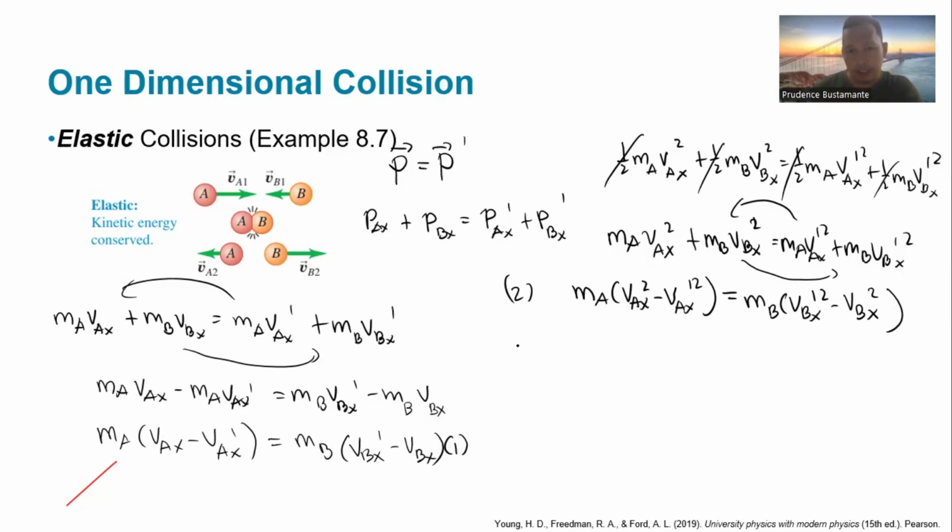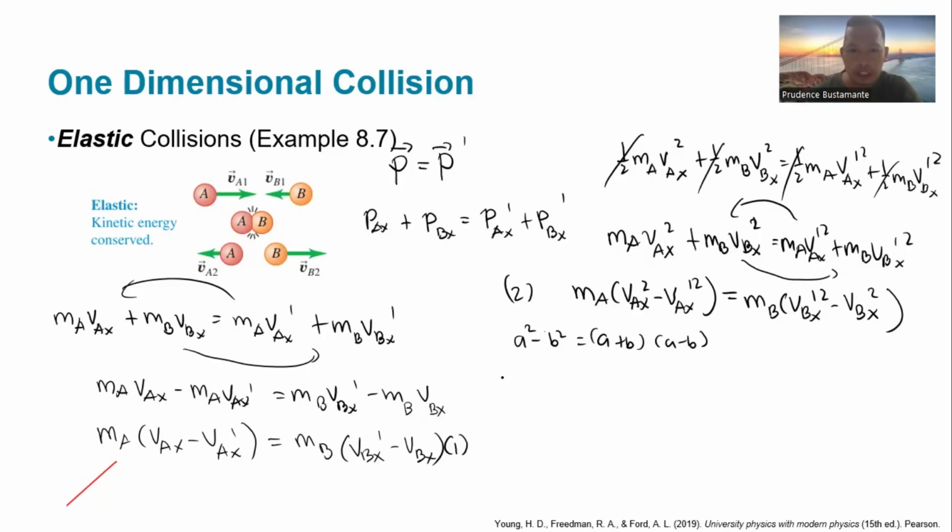Okay, are they related to each other? Let's see. Use that a squared minus b squared is equal to a plus b times a minus b.